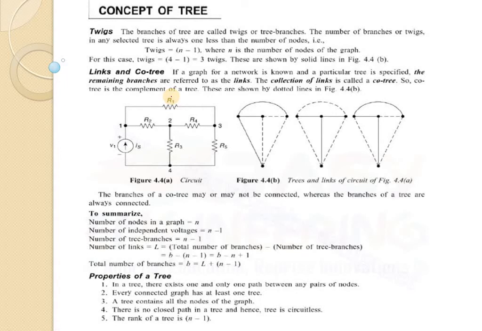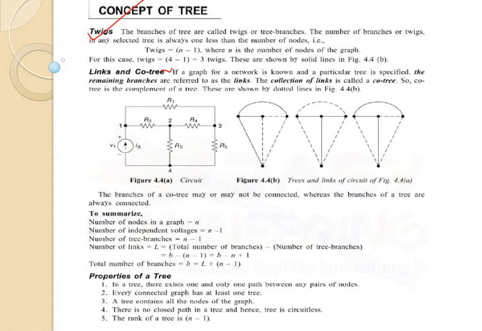Now, concept of tree. Basically, what is a tree? A tree is basically a combination of some twigs, limbs, core tree, like that. So, first of all, we know what a twig is. The branches of a tree are called twigs or tree branches.